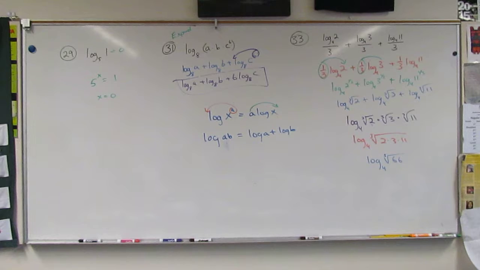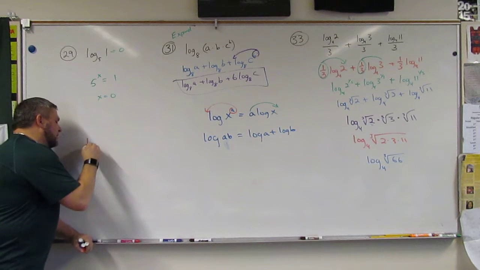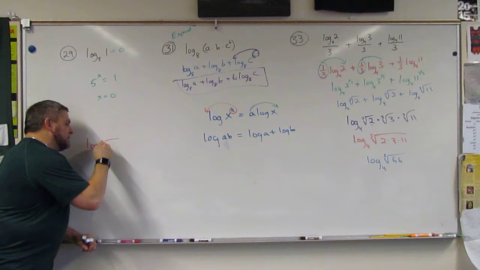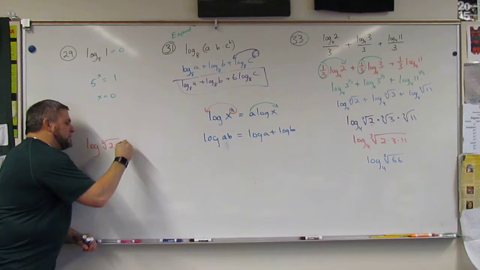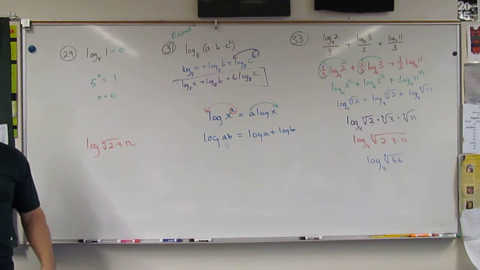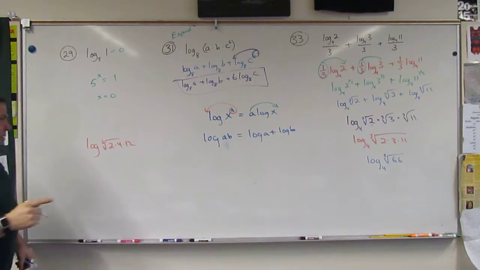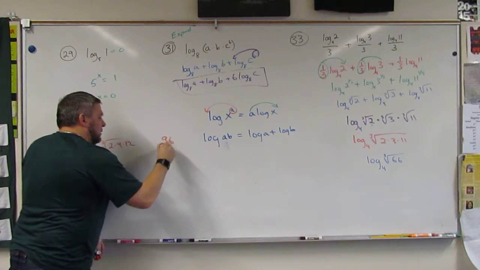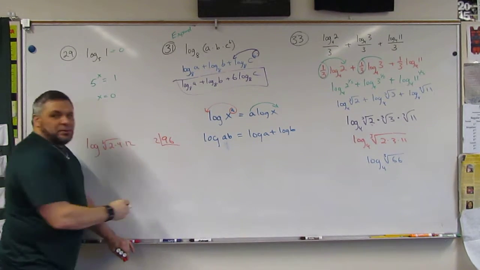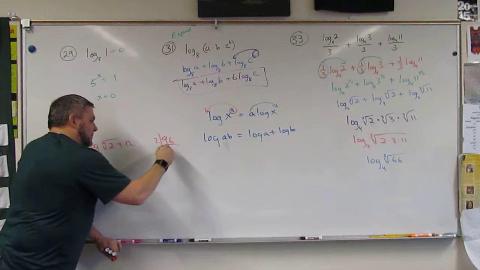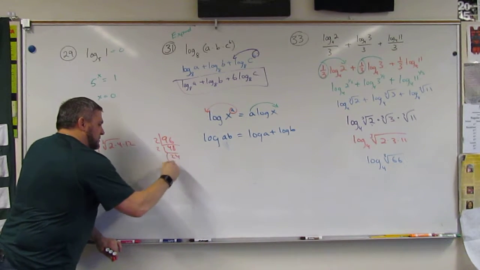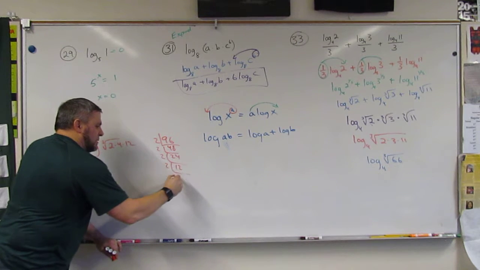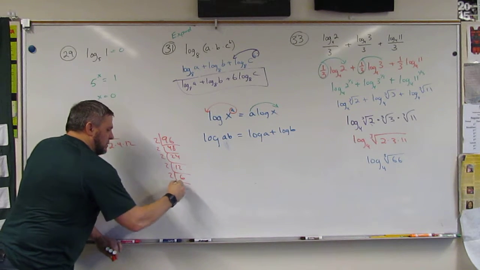I would have rather seen something like 2 times 4 times 12. Because if we had come up with the log of the cube root of 2 times 4 times 12, what would that have been? 96. Then break that down: 2, 48; 2, 24; 2, 12; 6; 3.